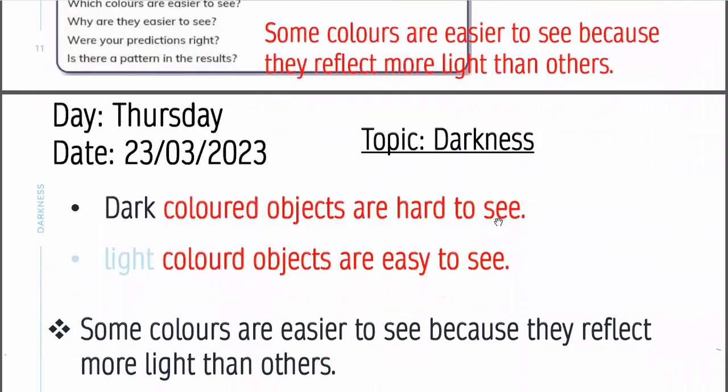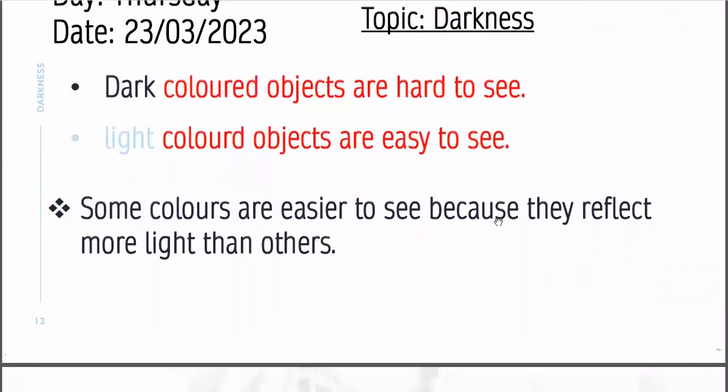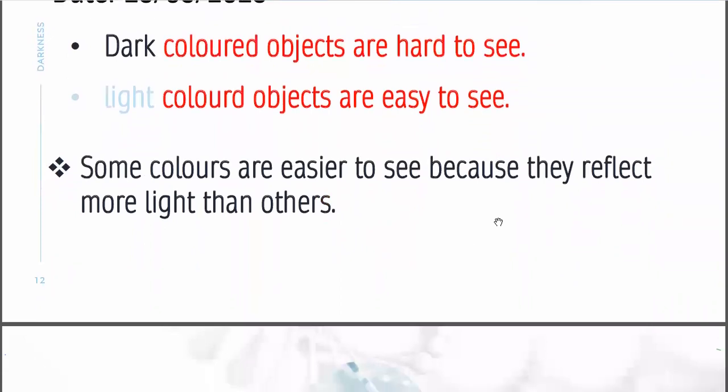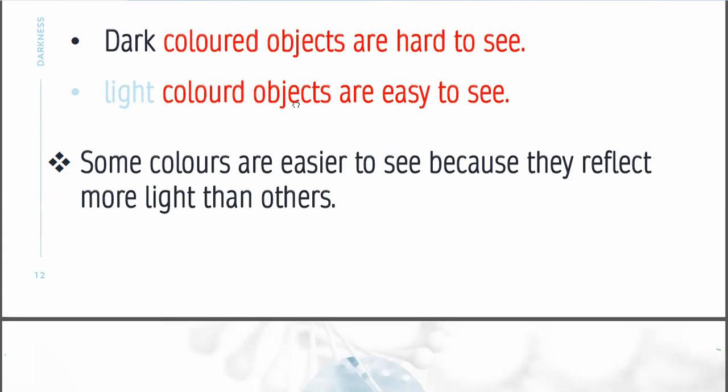Okay, write this in your science notebook. Topic is darkness. Dark colored objects are hard to see. Light colored objects are easy to see. Some colors are easier to see because they reflect more light than others.